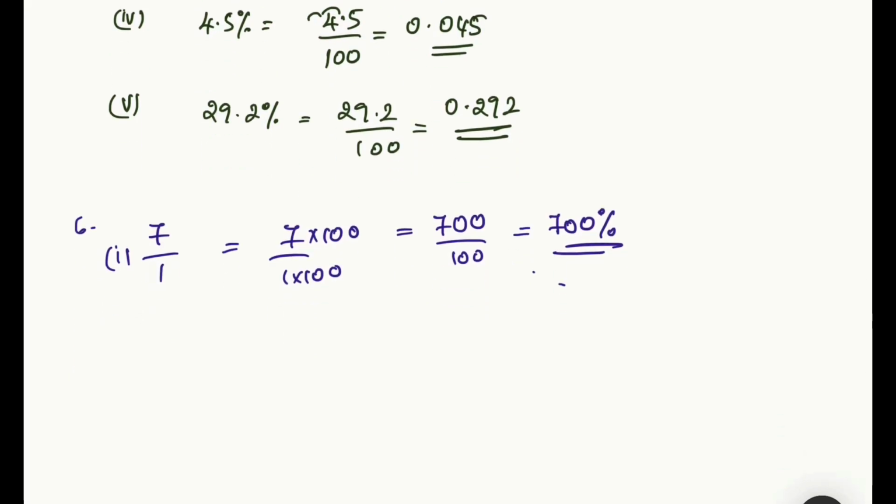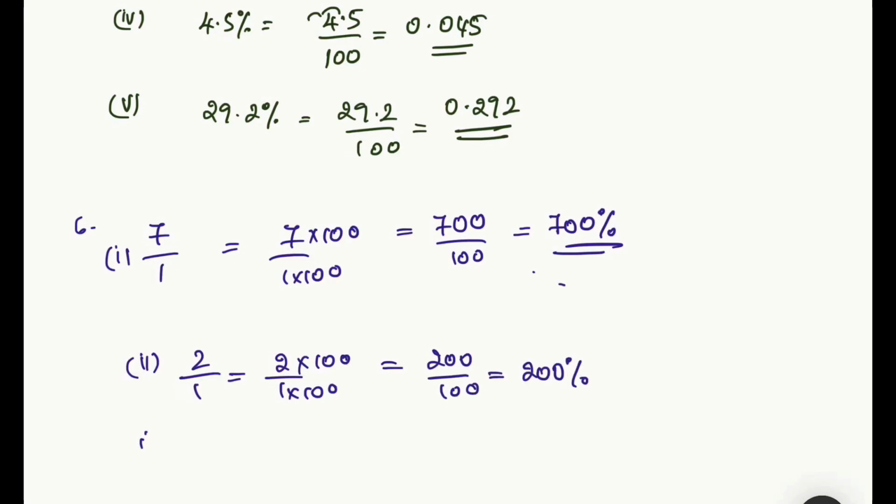Okay. Now coming to the next one. Second one, 2 by 1. That is equal to 2 into 100 by 1 into 100. That is equal to 200 by 100, equal to 200 percentage. Third one, 19.5 by 1. That is 19.5 into 100 by 1 into 100.